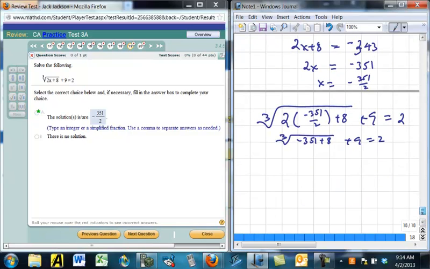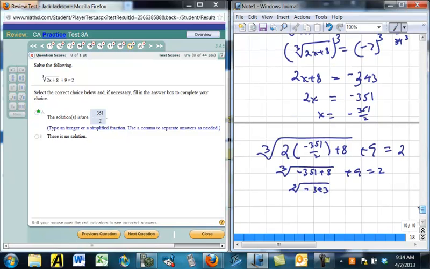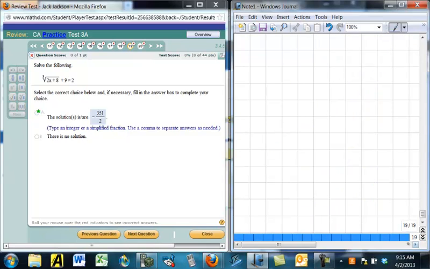Let's see what we get here. This is negative 343, and we just saw that that is negative 7 cubed, so the cube root is negative 7. Negative 7 plus 9 is 2. 2 equals 2, so that checks, which is what they have here, so that's good.